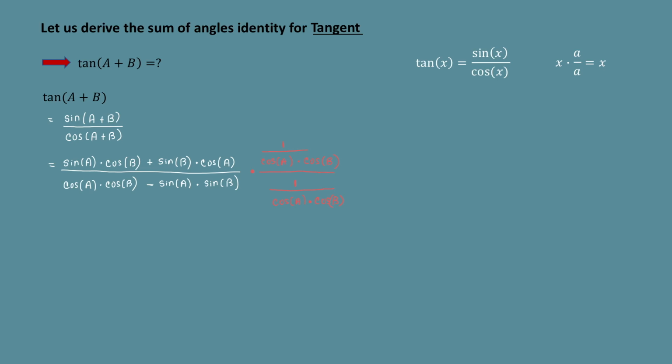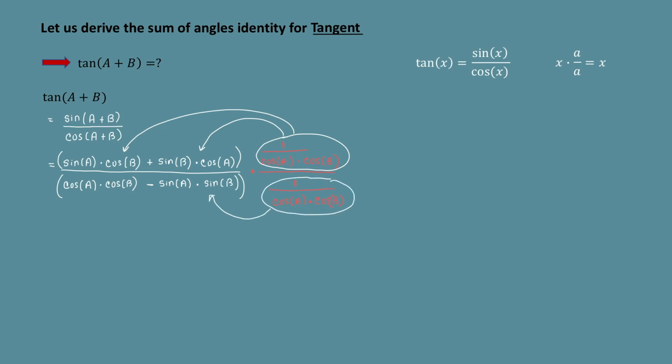I know that it looks complicated, but try to follow and you'll see. So all this right here will multiply this term and will multiply this term. Similarly, all this right here will multiply this and will multiply this. So what we're going to have now is the following.